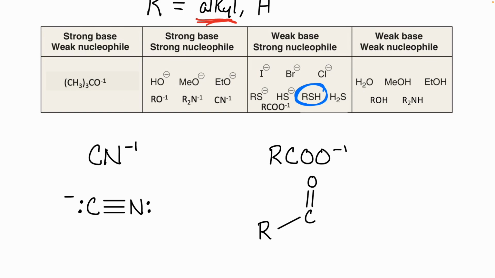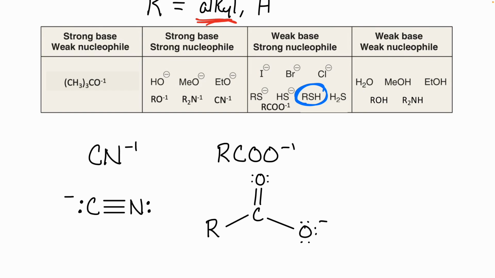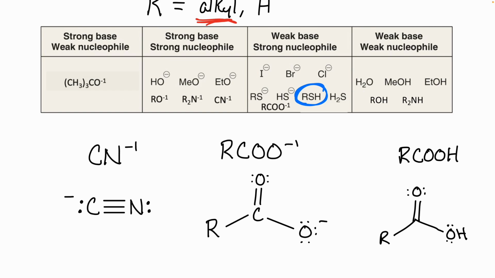One of them has to be double bonded, and the other one single bonded with that negative charge. All right, when we were talking about our condensed structural formulas, we said COOH. That's how you know you have a carboxylic acid group. So without the H, you have that deprotonated carboxylic acid group.